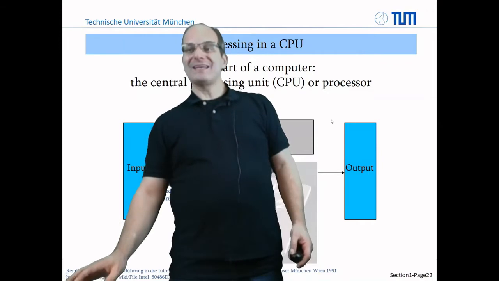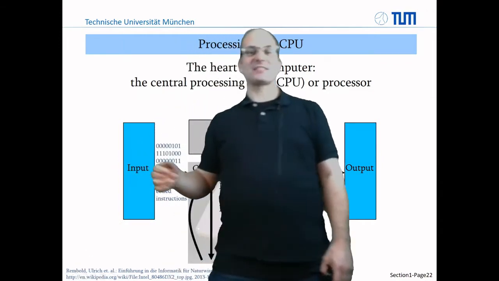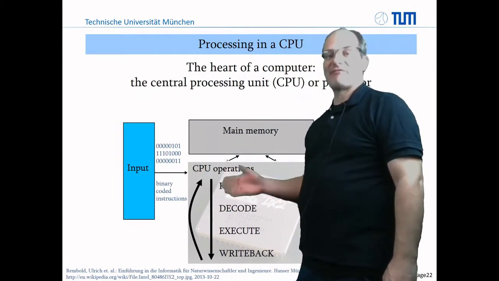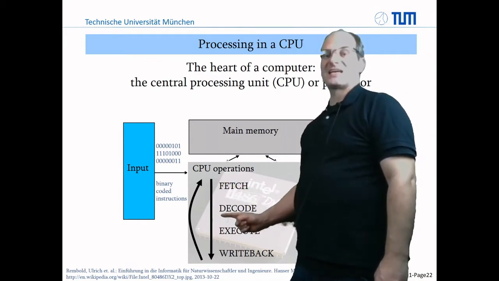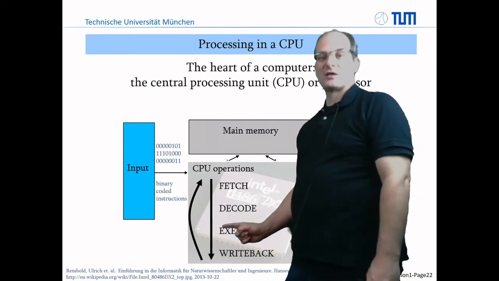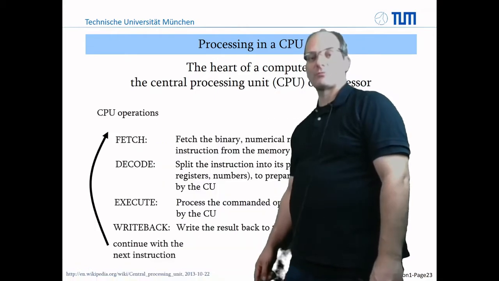So if you do this, you do special steps, and these special steps are defined here. So you always do a fetching part. So you fetch data and program. You decode this program. So you decode this instruction, then you execute the instruction, and then you write the instruction back.